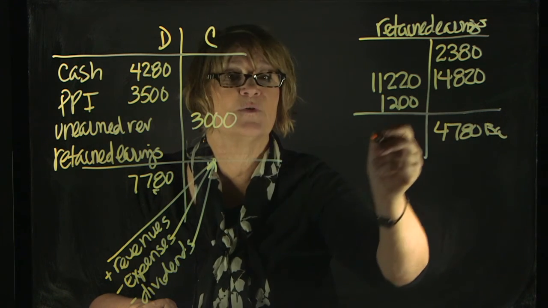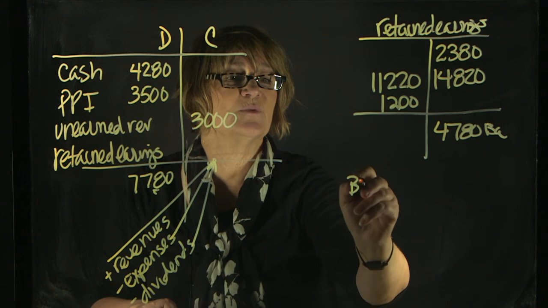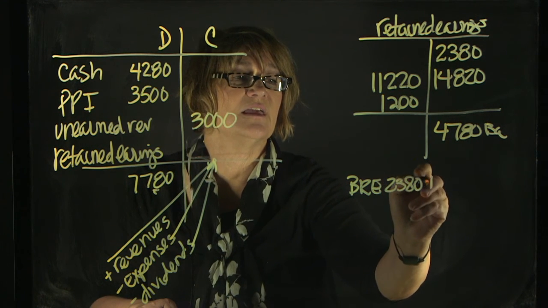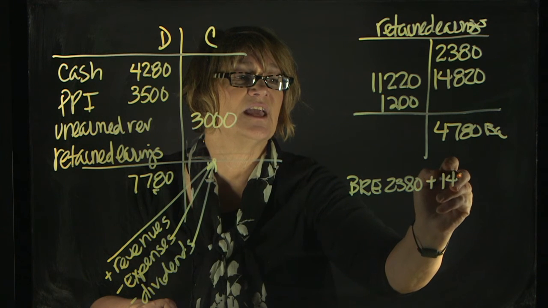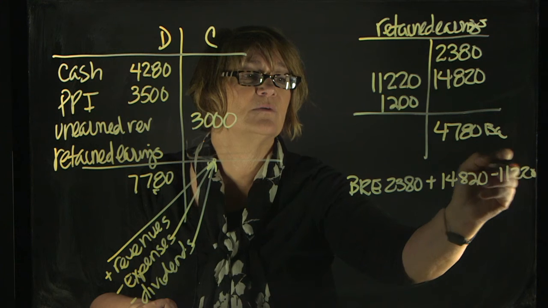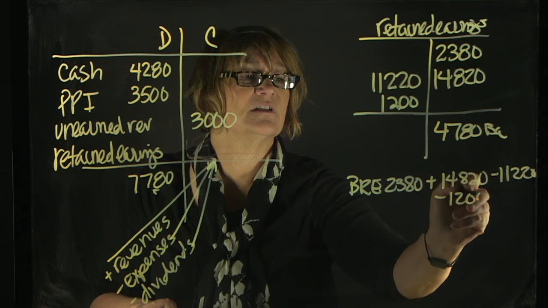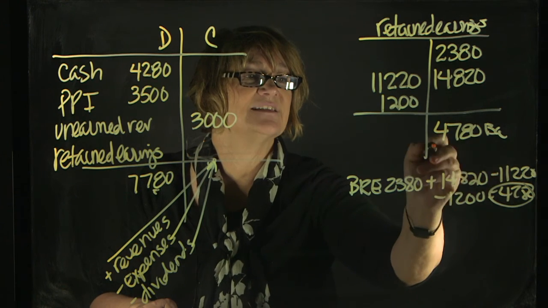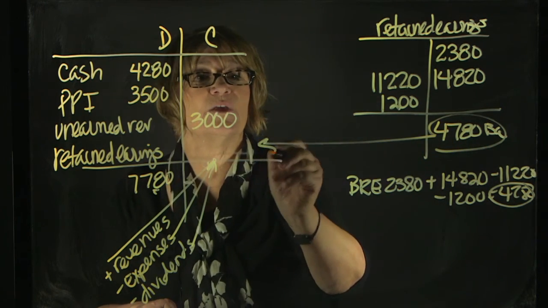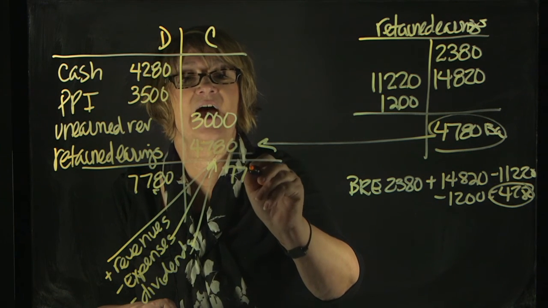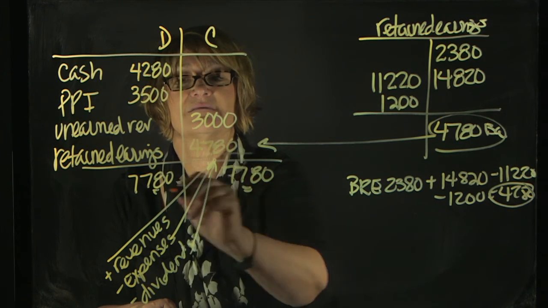balance. And remember, what that is beginning retained earnings that they gave us, 2380, plus the 14,820, minus 11,220, minus 1,200, equals 4,780. That is the number that you put there, 4,780, and now we balance.